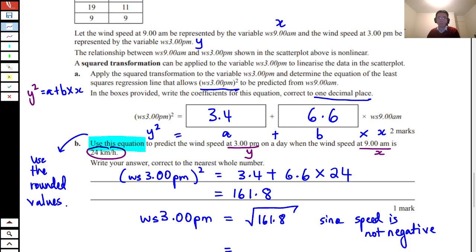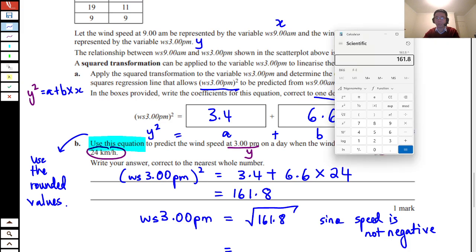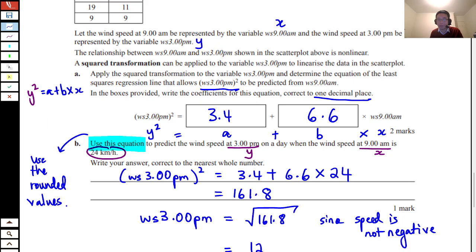So 161.8, we will now take the square root, or the power of half, and we get 12.72... And we read the question again. We are asked for the nearest whole number. So this is approximately 13 kilometers per hour.